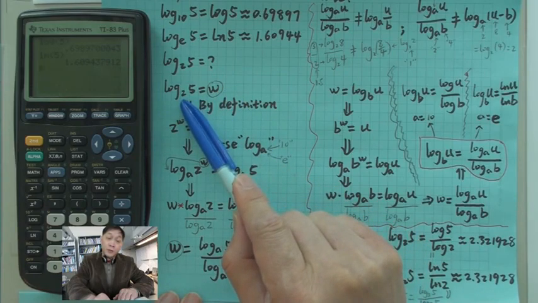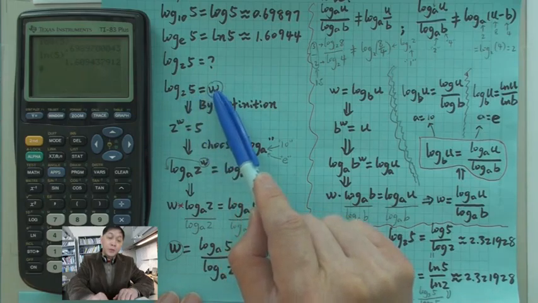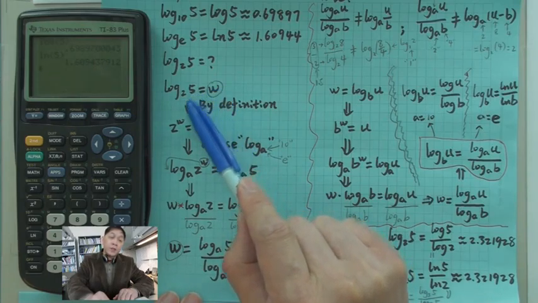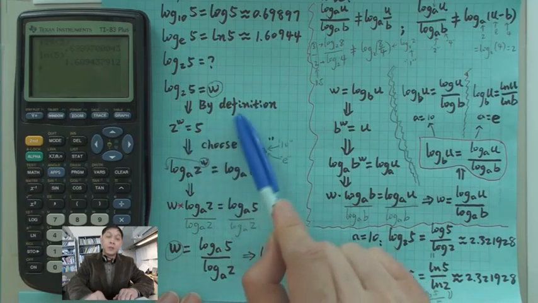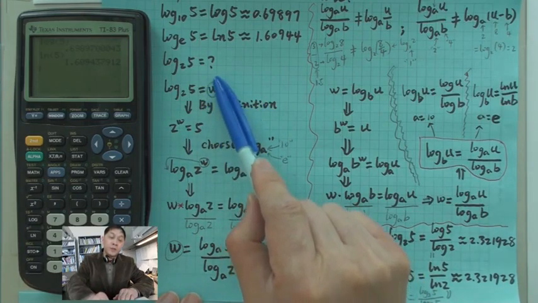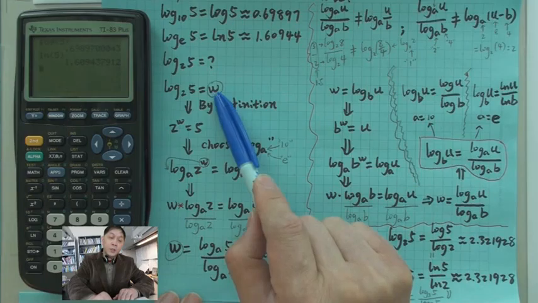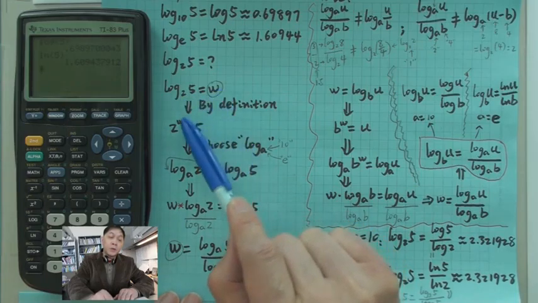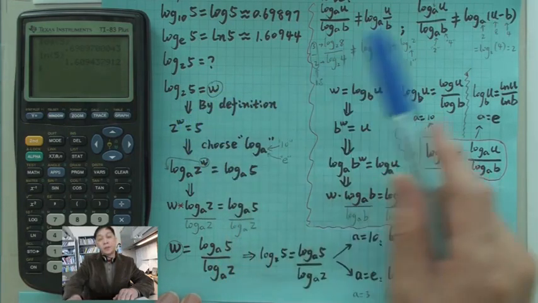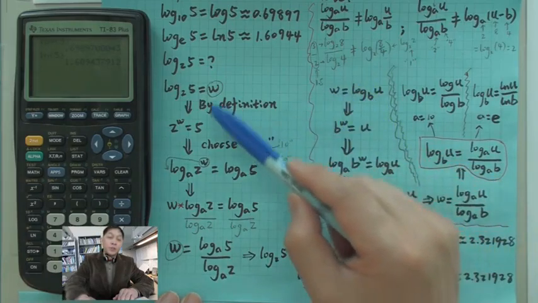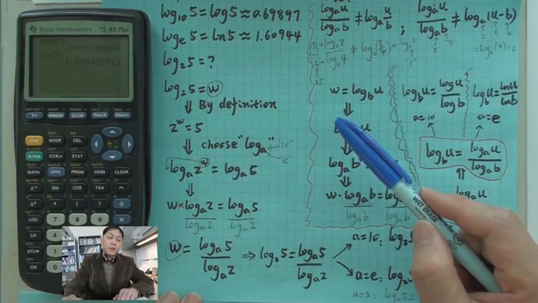Exponent of this base 2. So this base 2 to the w is 5. That's by definition. So you always end up with the exponent: 2 to the w equals 5. That's by definition from here to here.